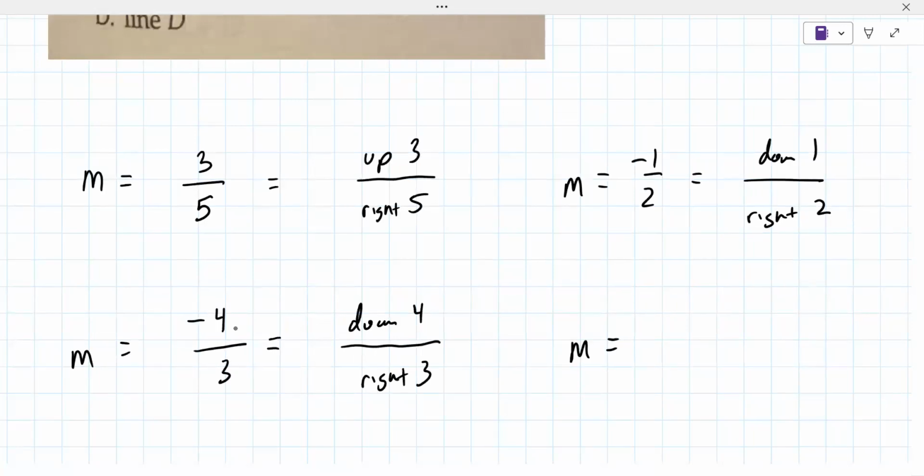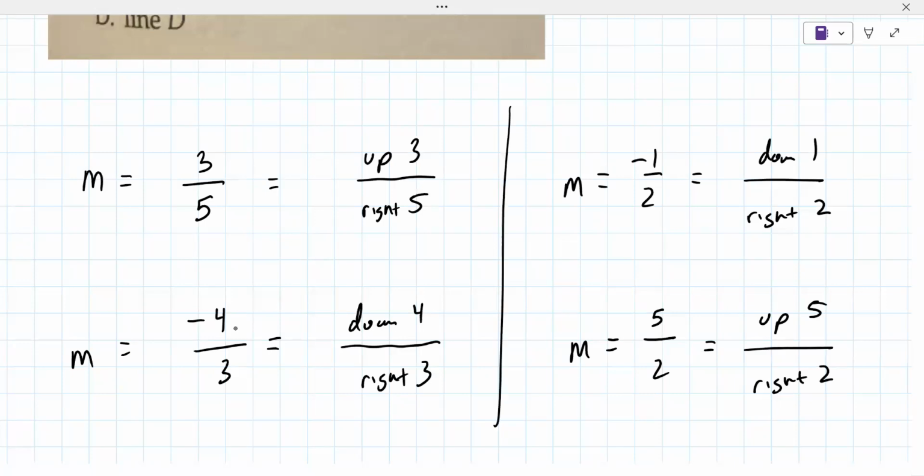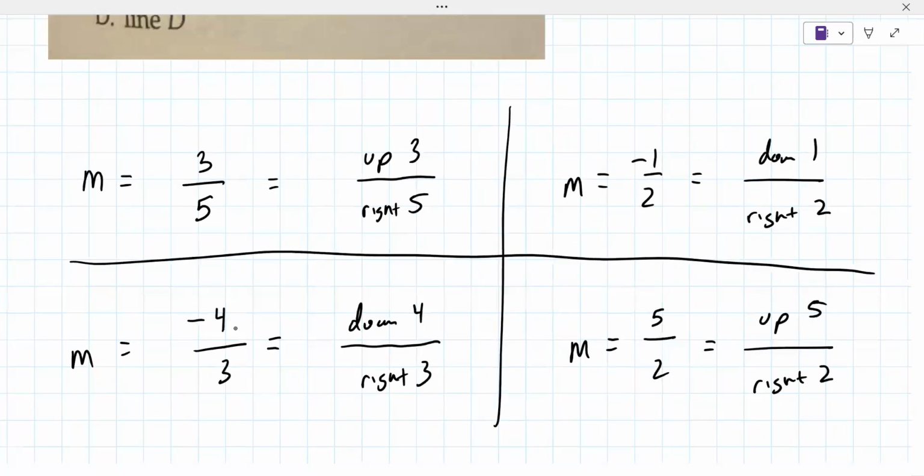Let's say the slope is 5/2. This means up 5, right 2. Take a look at those 4 examples and sort of process them and see if you see why the pattern or why I'm writing it that way.